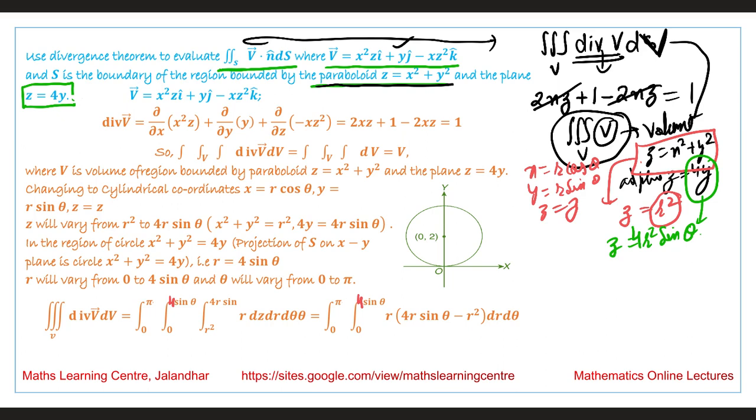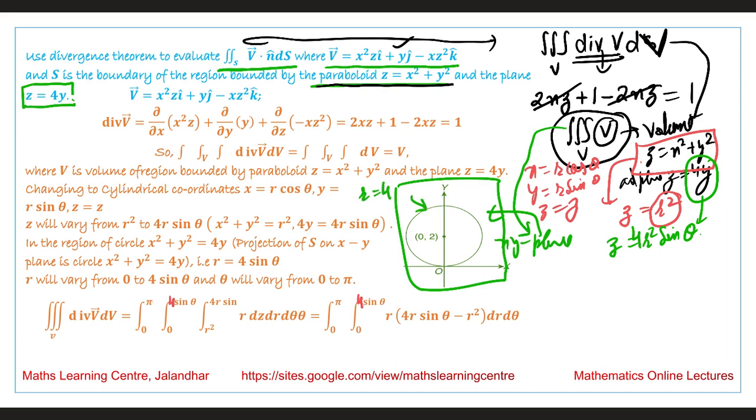When we are calculating this integral, the projection of this paraboloid on the xy plane will be a circle, and the equation of this circle is r equals 4 sin theta, because we are taking the projection using the equation z equals 4y.